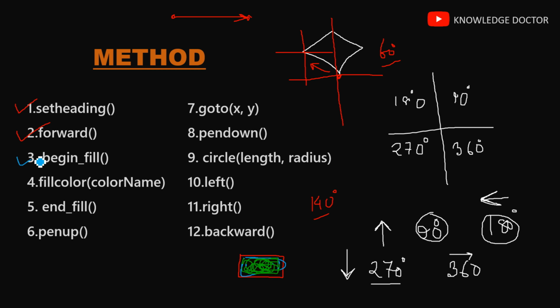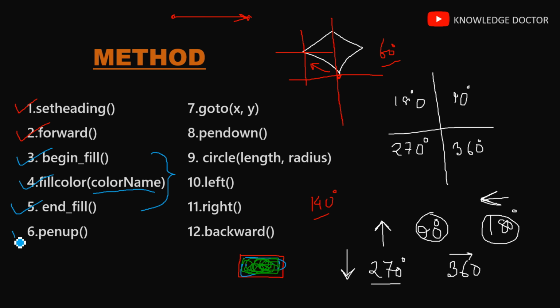Then we need to call fill color. That is when you fill with any kind of color. You can see it takes the color name as an argument in the parameter. So the color name could be blue, green, or something else. Okay, and finally you need to call end fill. That means these three methods help you fill color in any kind of shape.